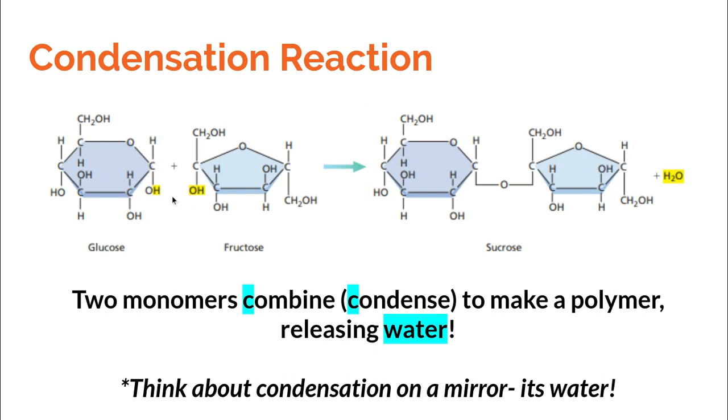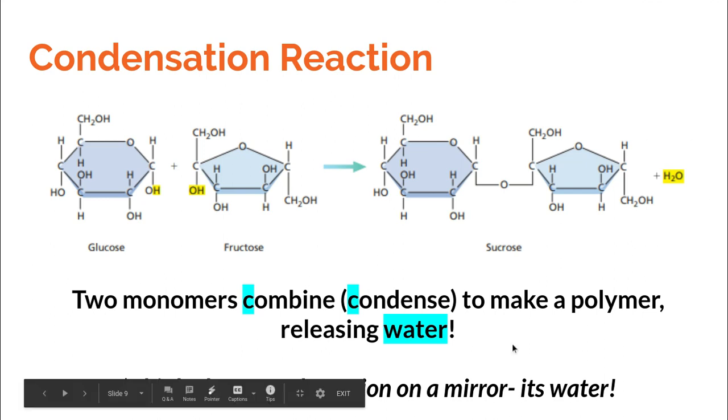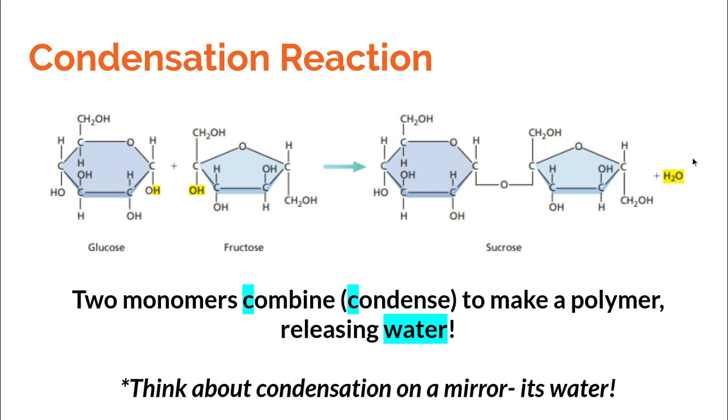Two hydrogens, one oxygen. So when we connect these two guys together into sucrose, we kick out the water, and we are left with a bigger molecule, a polymer. And the way that you can remember this is by thinking about condensation on a mirror.